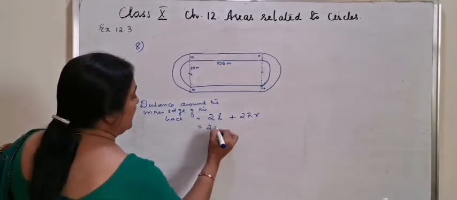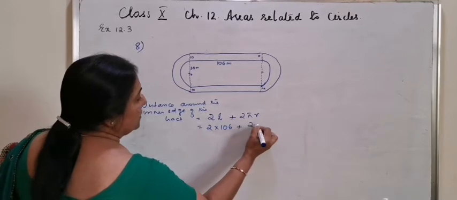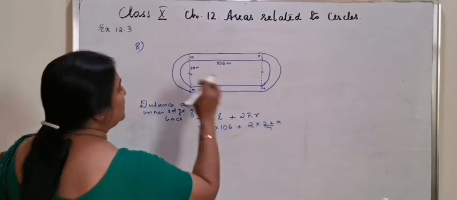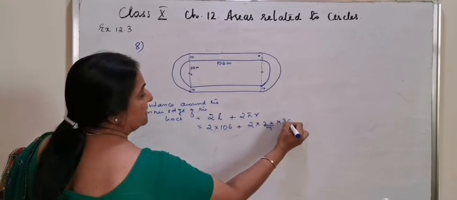So by substituting the formula, 2 into 106 plus 2 into 22 by 7 into radius, which is given as 30.